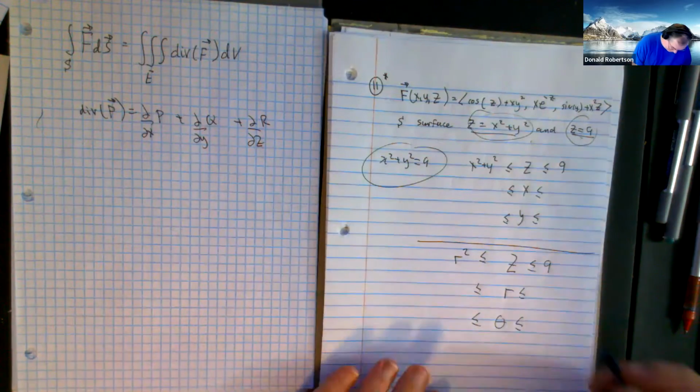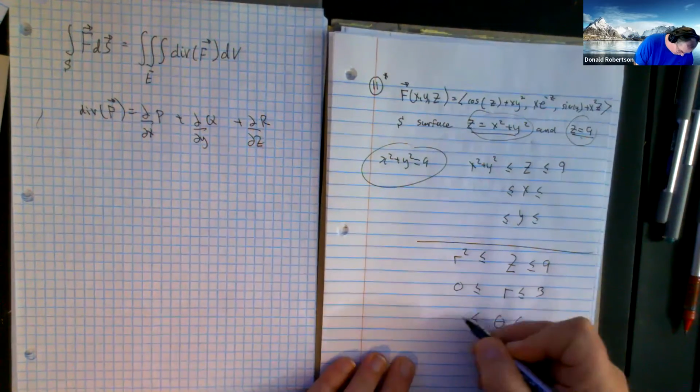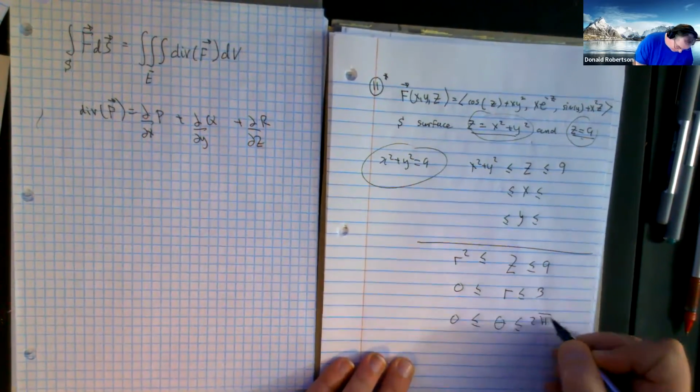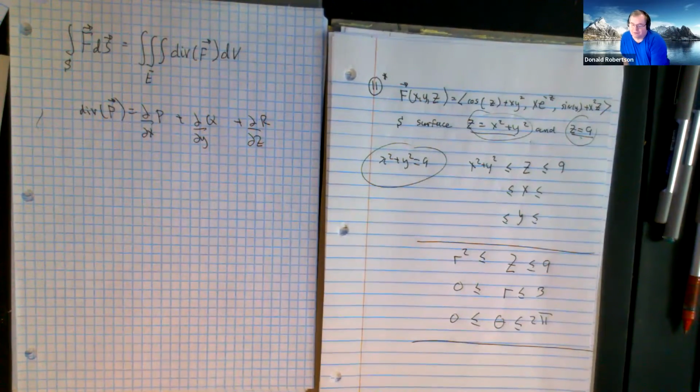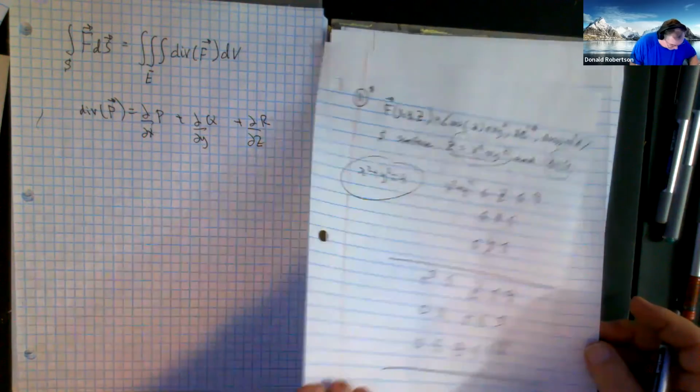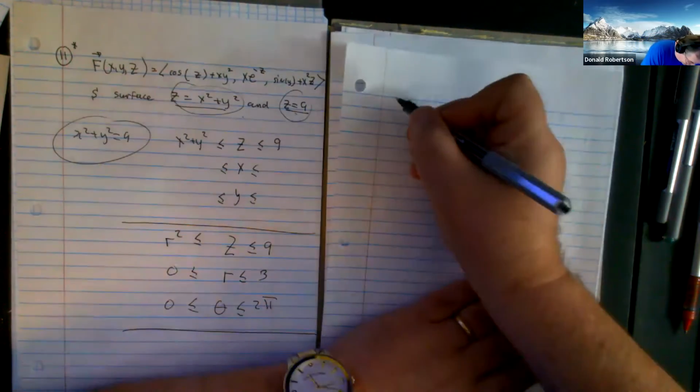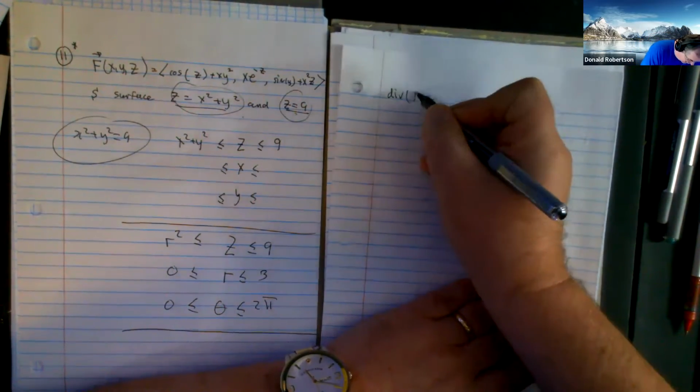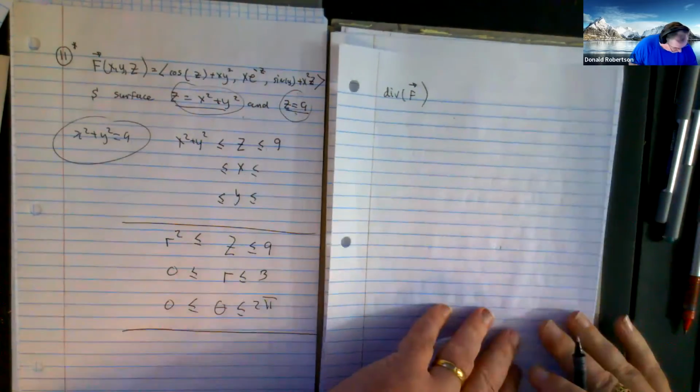And if you put that, now don't we have our limits of integration? And we should be able to get the divergence. Let's see what that looks like. Maybe it's not as bad as it seems right now.